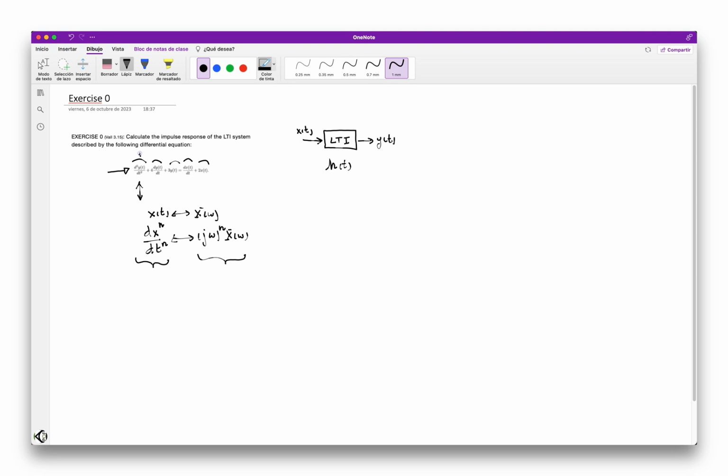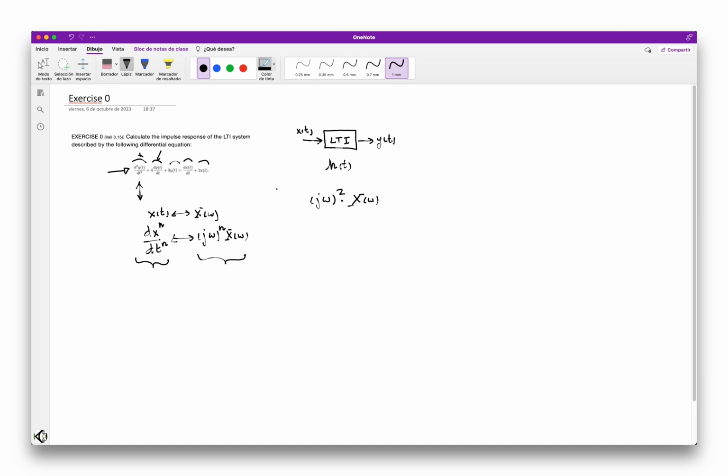So the first term that we have is this one, which is the second derivative of y with respect to time, two times. So it will translate into j omega squared times Y of omega, which is the Fourier transform of y.